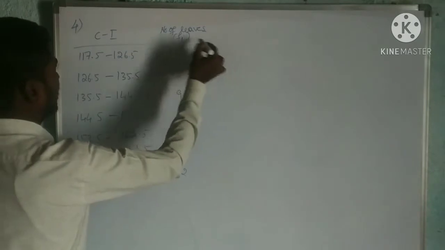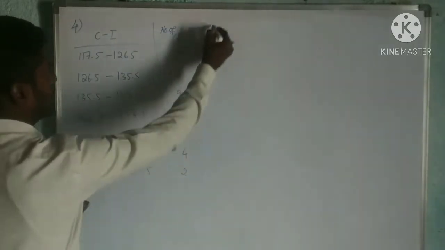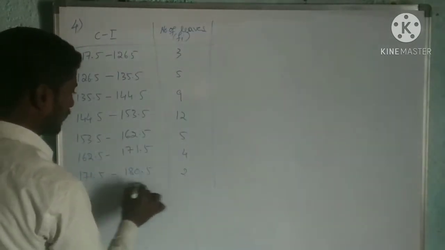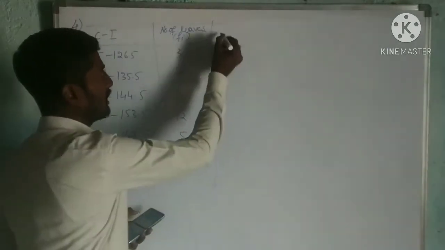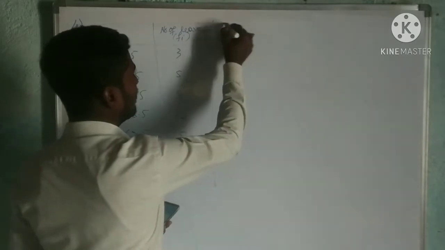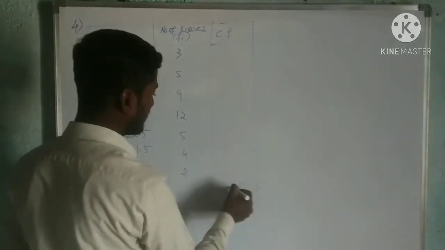Now we have to find the median for this data. To find the median, I need one more column, that is CF, the cumulative frequency.